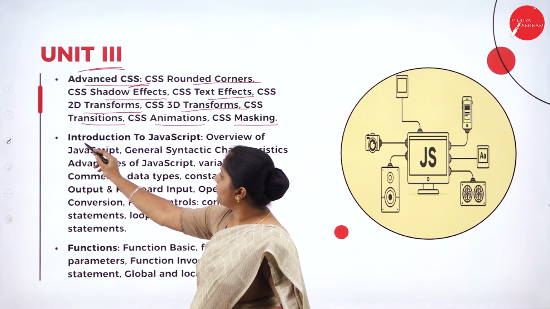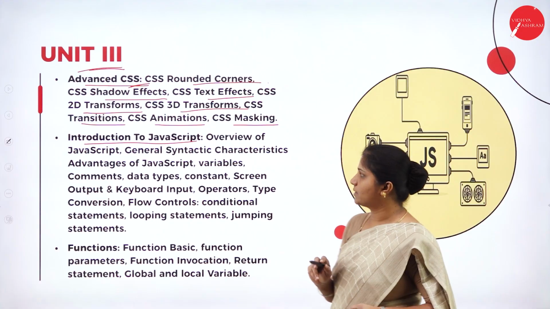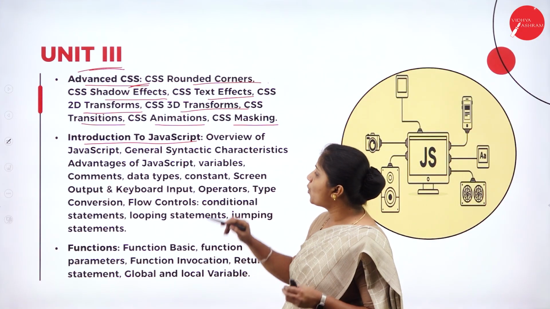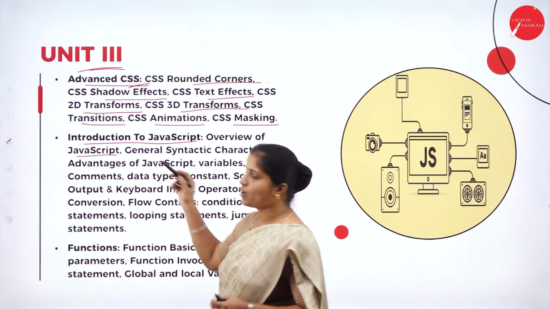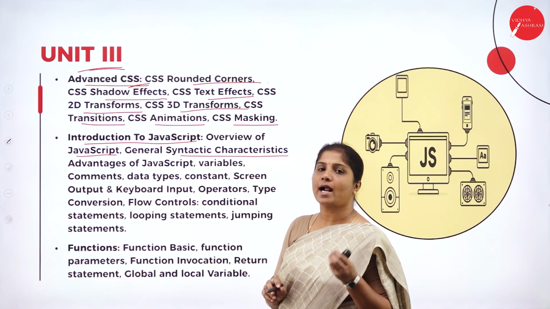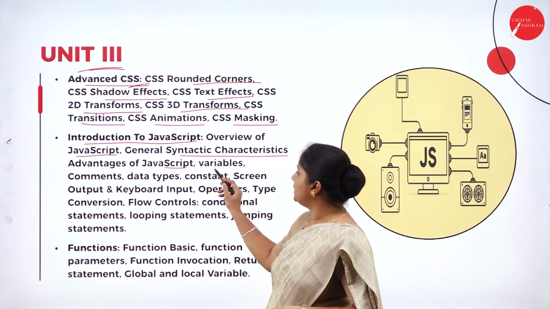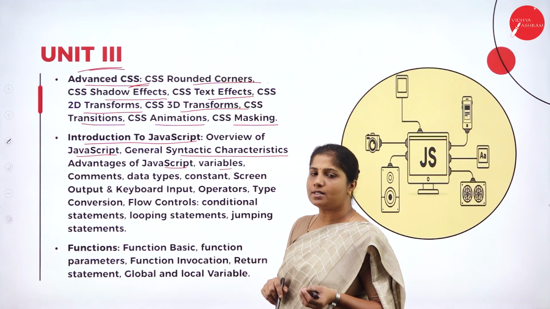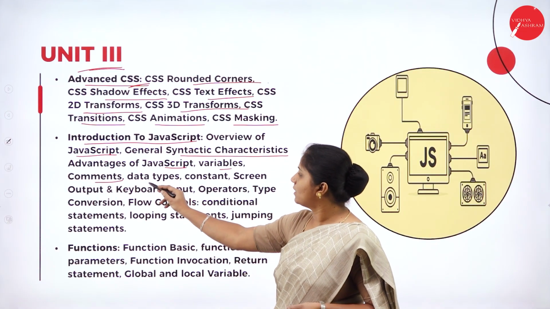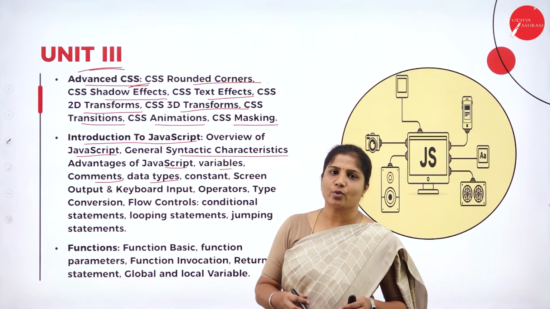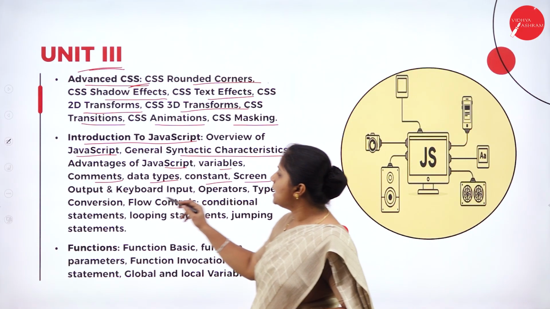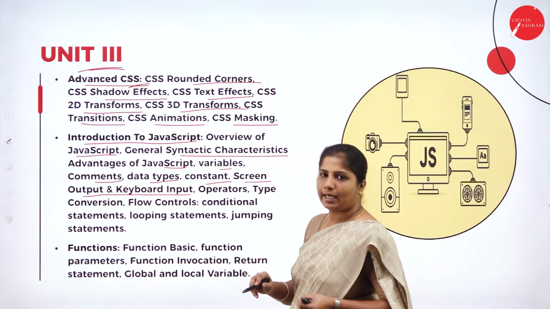The next chapter is the introduction to JavaScript. In this chapter we are going to study the overview of JavaScript: what JavaScript is, its syntactic characters and advantages. Then variables, comments, the different data types we are going to use, what we mean by constant, and also screen output and keyboard input.